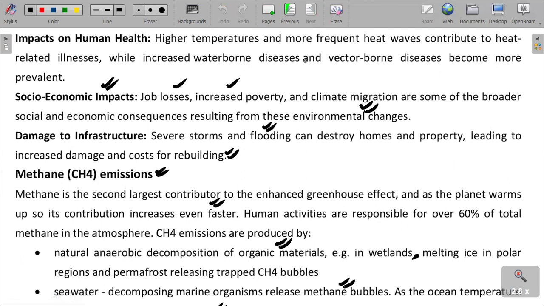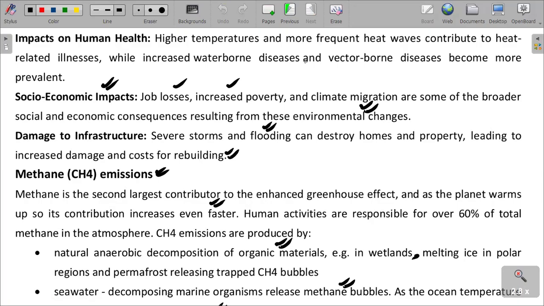And then the impacts on human health. These impacts on human health, we have already mentioned them, that we have high temperatures and frequent heat waves that contribute to heat-related illnesses, and waterborne diseases as well as vector-borne diseases become more prevalent because of these carbon dioxide concentrations. The socio-economic impact: job losses, increased poverty.